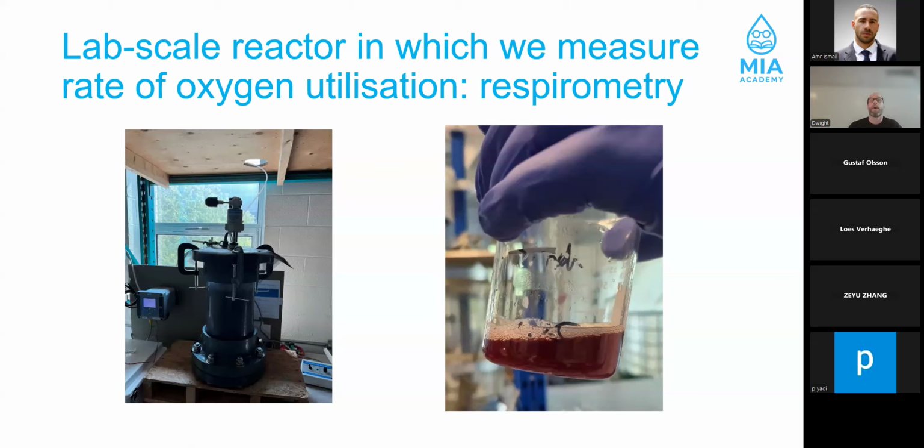So mixed liquor from an activated sludge plant, in which we were feeding substrate from an industrial effluent composed of some readily biodegradable substrate and some more slowly biodegradable substrate. And so we were feeding this effluent, you can see here over on the right-hand side, into our respirometer.